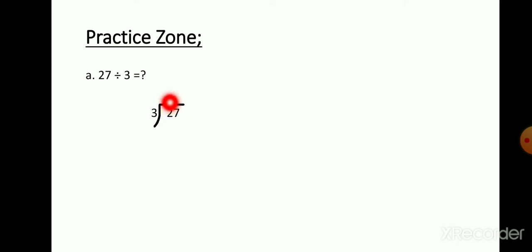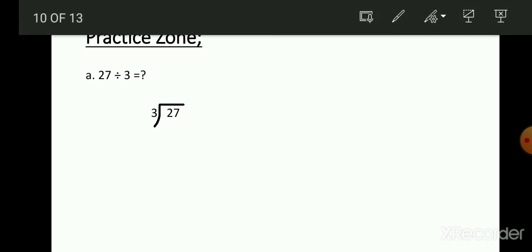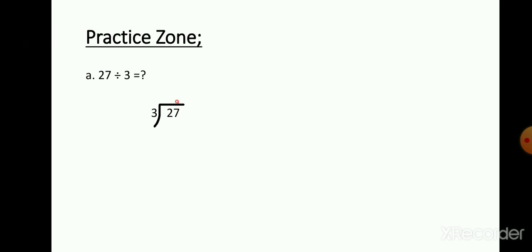So we'll write 9 at the top like this. And now we'll subtract 27 from 27. That means we solved 27 out of 27. There is no remainder, there is no leftover. So we'll write 27 minus 27 equals 0.